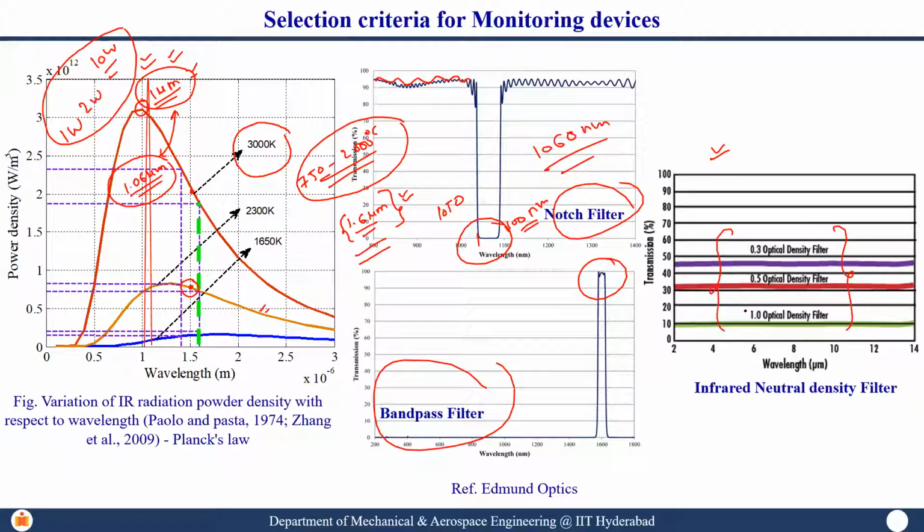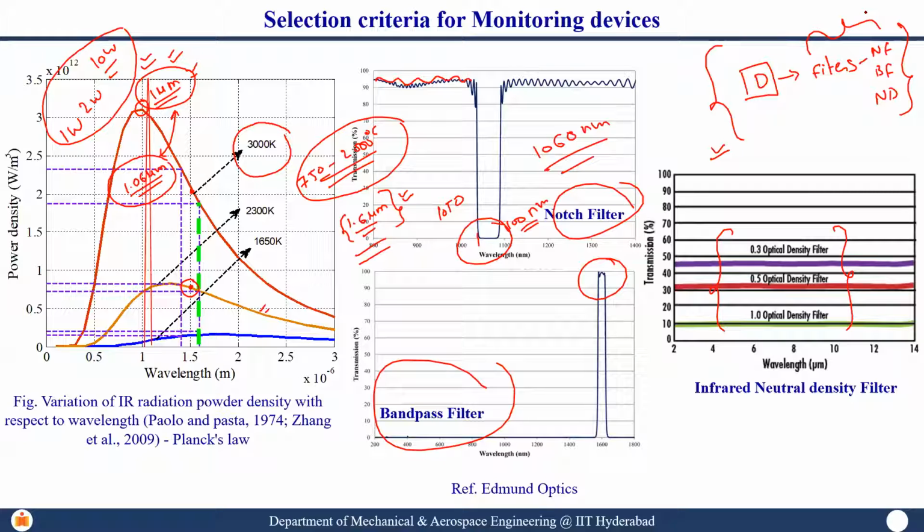So the same detector D, with the help of filters, which are notch filter, band pass filter, and neutral density filter, can be used for any sort of thermal application, but for this you need to understand these optics and these characteristics.